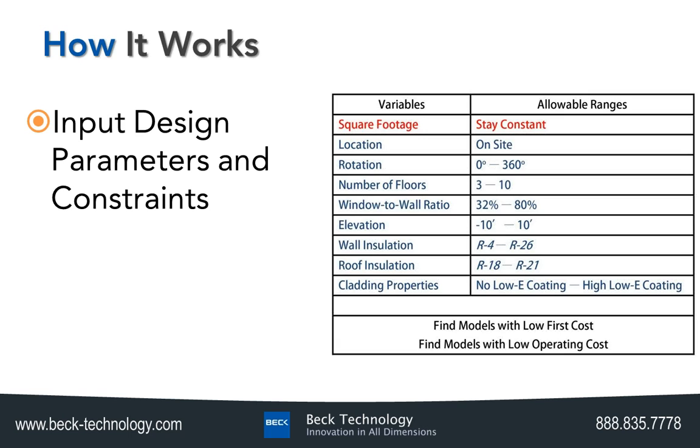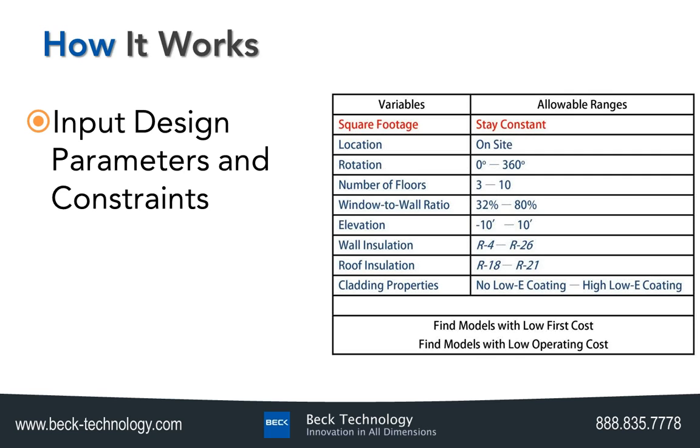On top of that, we then take in the different variables along with their allowable ranges. So for example, you might want to look at placing a building on a site. You don't necessarily know the exact location, so you can move around a little bit. You might want to look at the orientation as well, so we might want to rotate that a full 360 degrees.